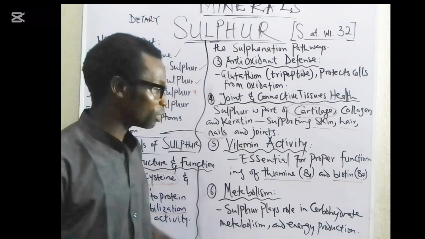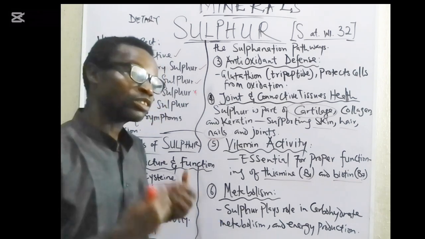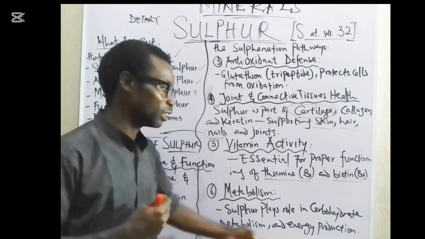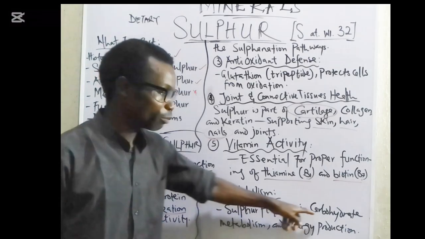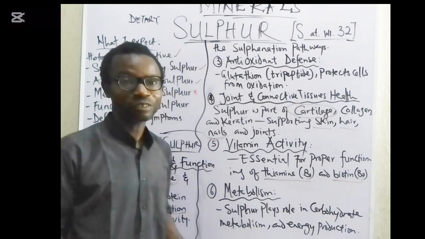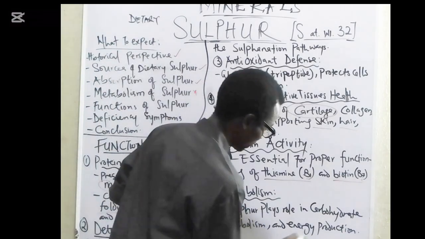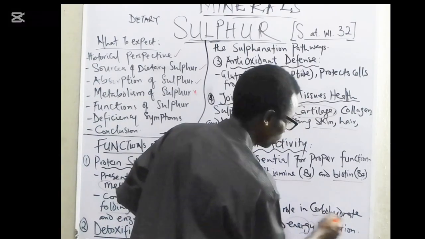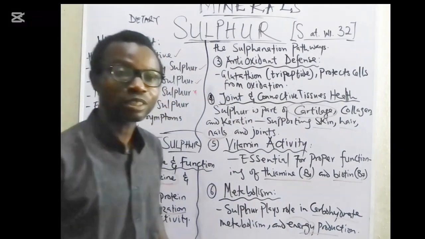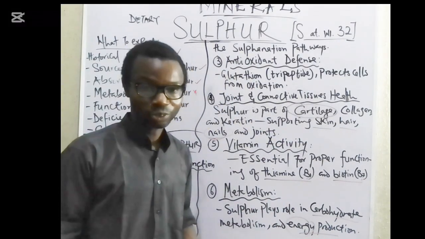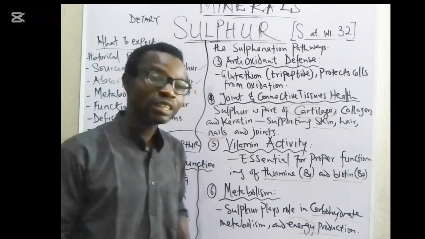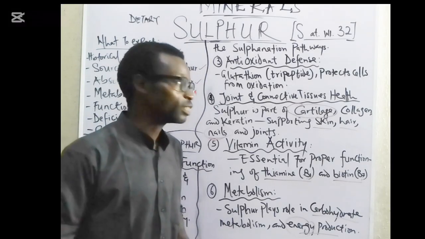So sulfur here plays an essential role. Though itself is not metabolized, it helps in the metabolization of carbohydrates. Now, when you metabolize carbohydrates, what happens? You produce energy. In other words, the metabolism of carbohydrates leads to energy production, and sulfur is at the heart of it.